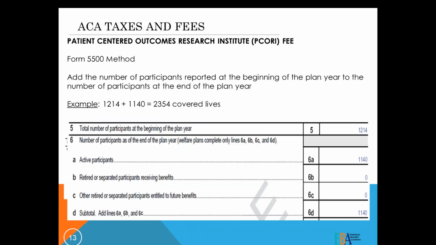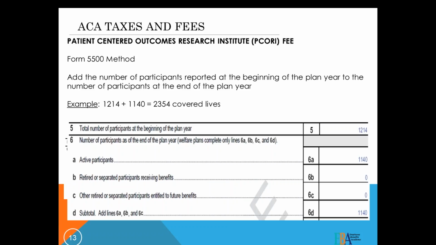The last allowable method for self-insured or self-funded plans is the Form 5500 method. You add the number of participants at the beginning of the plan year to the number of participants at the end of the plan year, as noted on the most recent Form 5500. That Form 5500 is generally filed if there are 100 or more participants on the first day of the plan year.